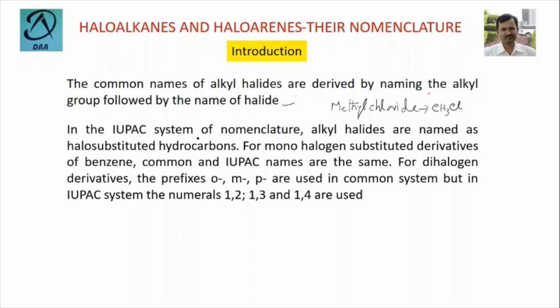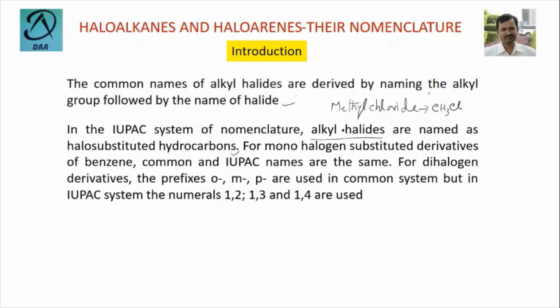In the IUPAC system of nomenclature, these alkyl halides are named as halo-substituted hydrocarbons. That means this methyl has come from methane, and one hydrogen atom is substituted by chloro.